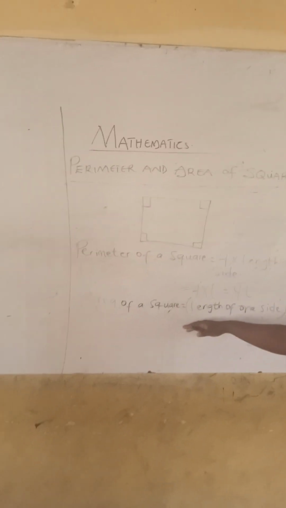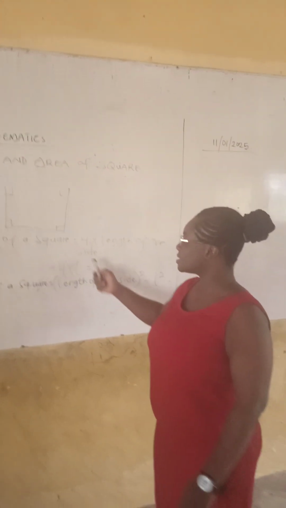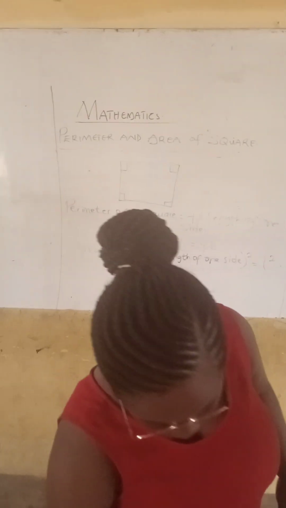That is the area of a square. So we are going to use these formulas to solve the questions that will follow.